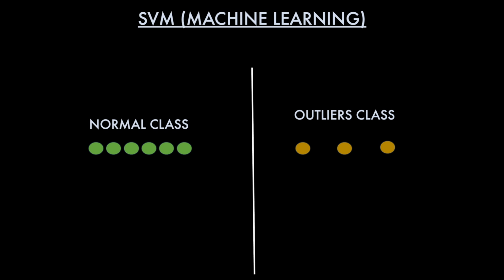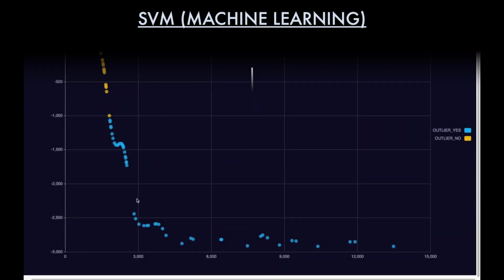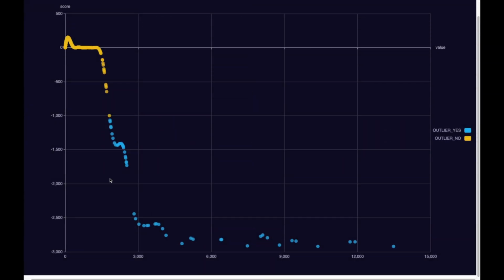The class which has got most of the points are normal values, and the other class is the class with the outlier values. Now shown here are all the points, and the x-axis is the number of tweets, and the y-axis is the score which is given by SVM.